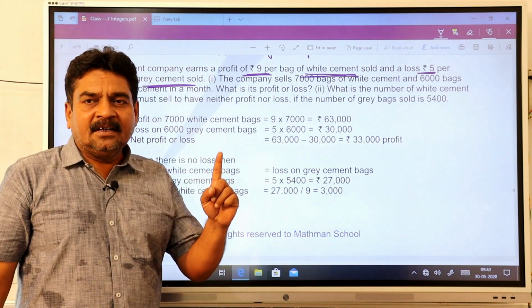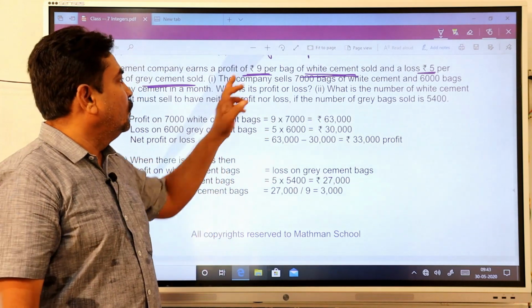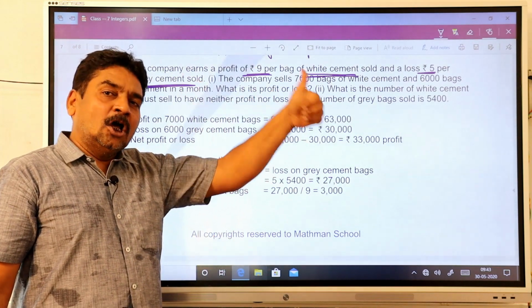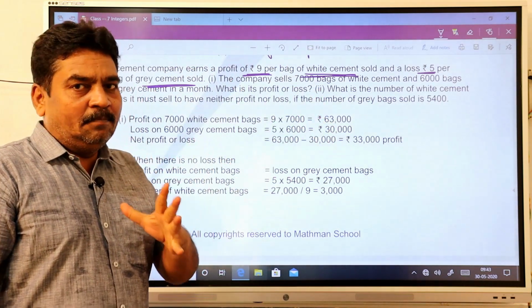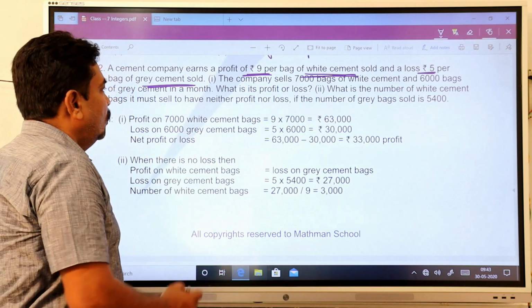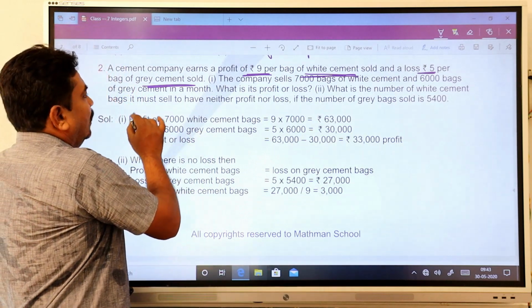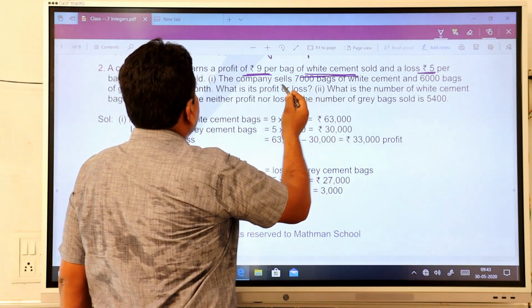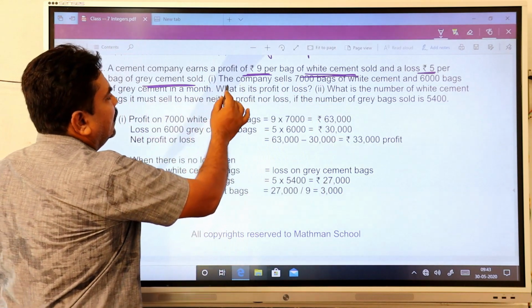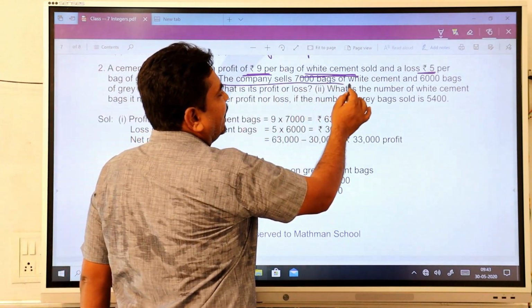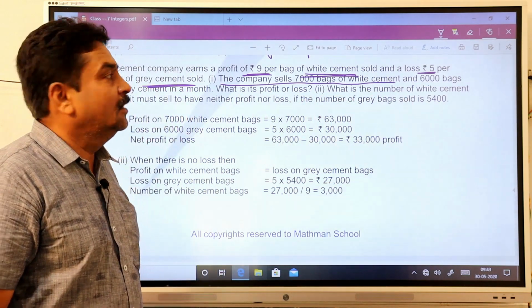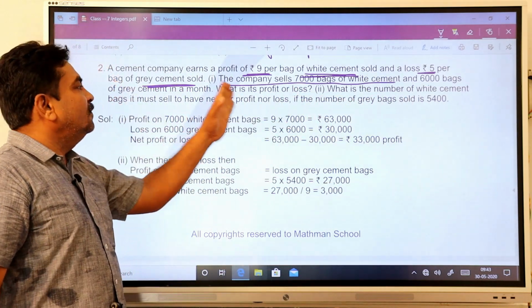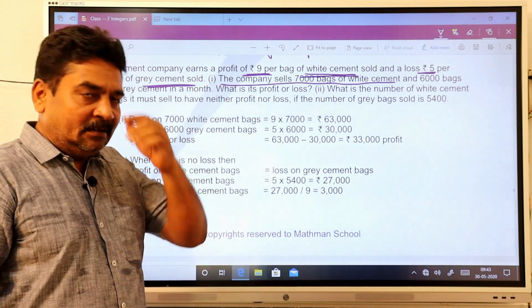White cement profit is rupees 9 per bag and loss is rupees 5 on a grey cement bag. First question: the company sells 7,000 bags of white cement and 6,000 bags of grey cement in a month.